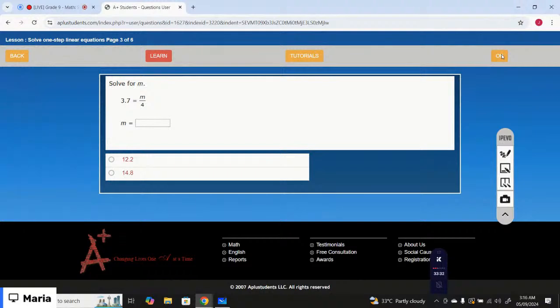You have to multiply 4 on the other side, right? Yes, that is 14.8. Option number 2 is the correct option.